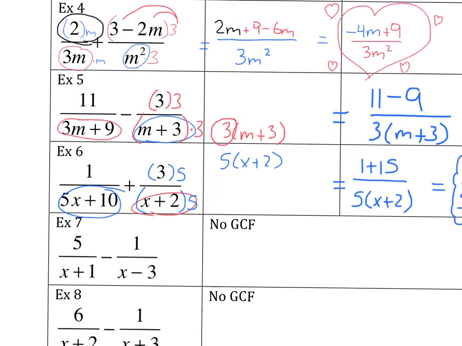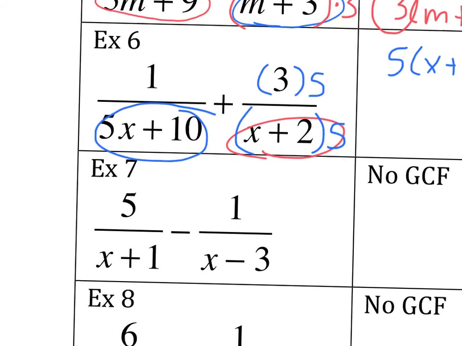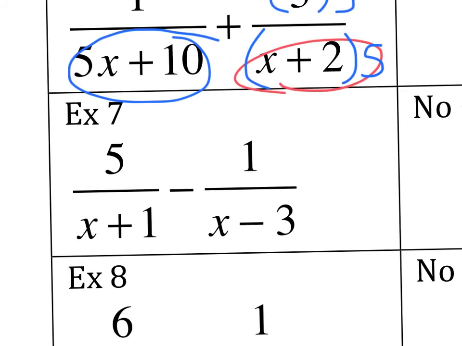So when we have denominators that have common factors, notice we're just finding the factors that the other doesn't have and we're sharing it. Sometimes though, take for example number 7, they don't have common factors to factor anything out. So for example, this x plus 1 and this x minus 3 have no common factors between them.